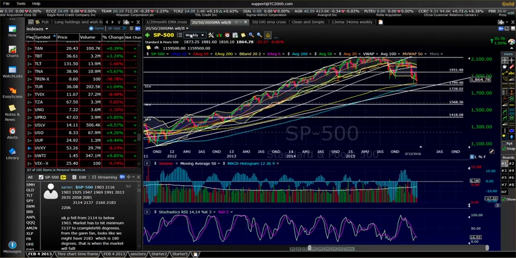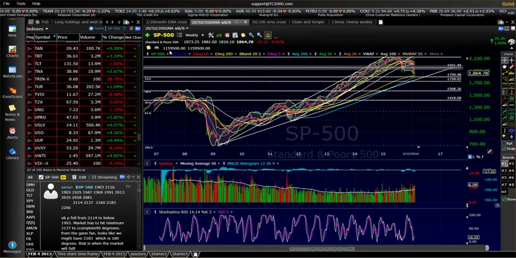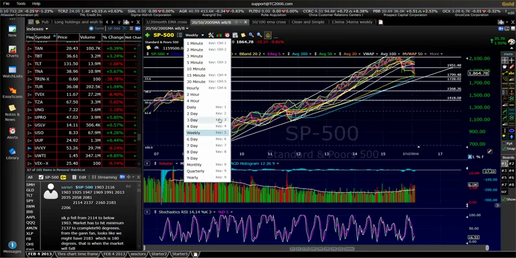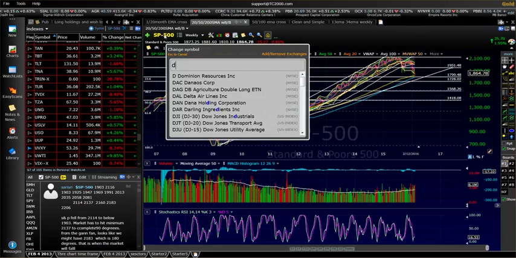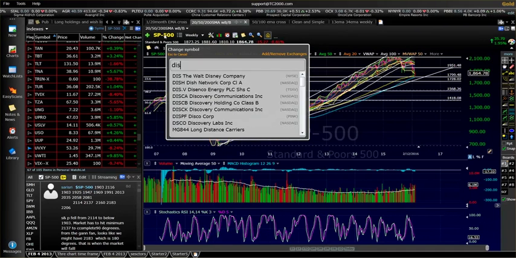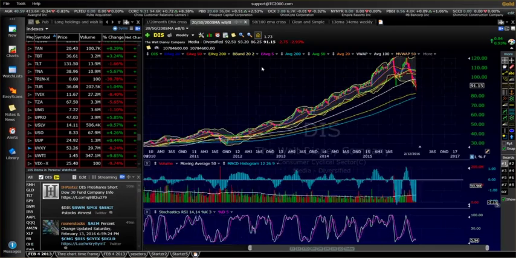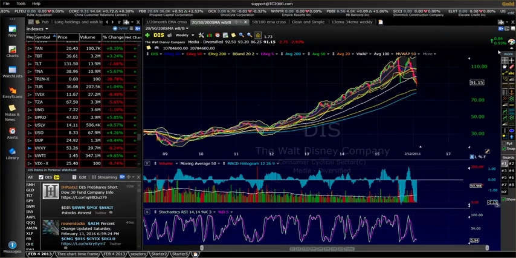So let's take a look at how we can apply support and resistance on different time frames for a particular stock. And let's go ahead and take a look at Disney. Now, I thought I had my trend lines drawn, but apparently I didn't.